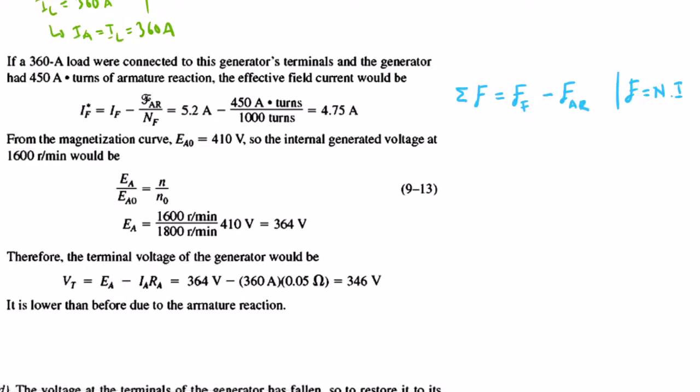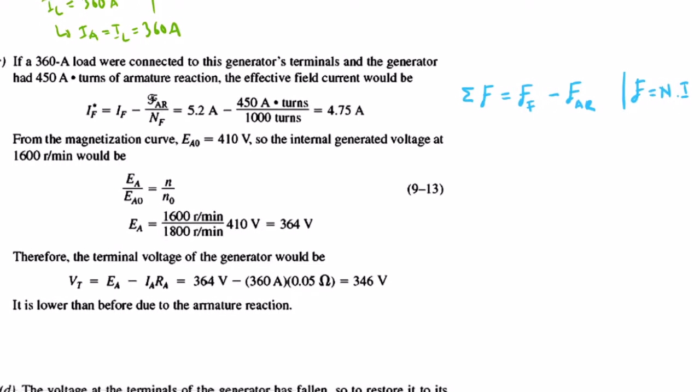The total MMF in the system is equal to the number of turns in the field winding times the effective current.